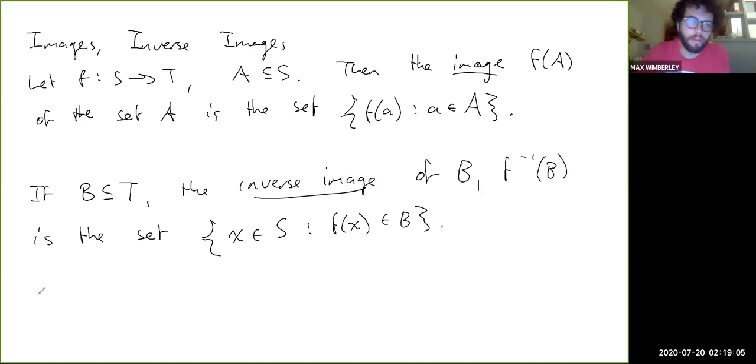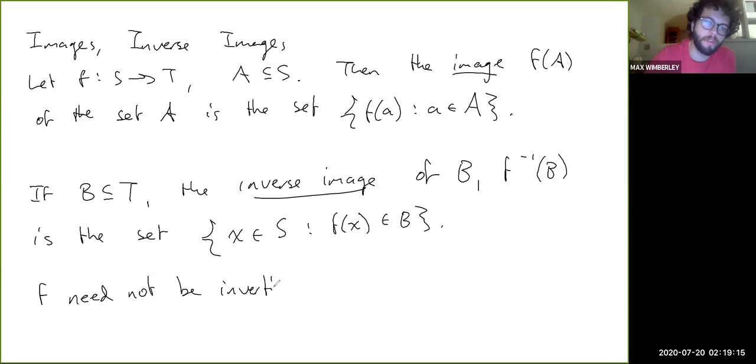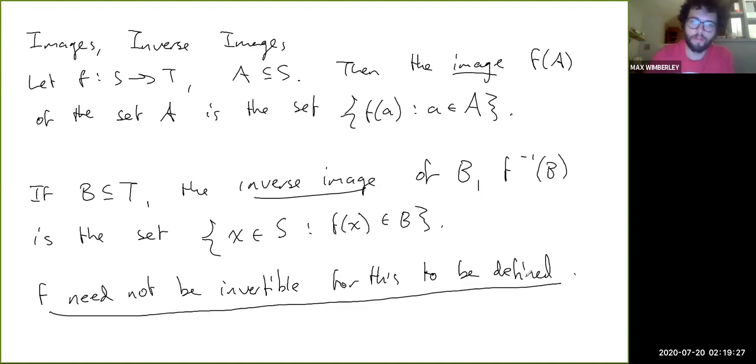So now, very important, f need not be invertible for this to be defined. In fact, this is defined for an arbitrary function f. Literally any function, you can take inverse images of sets.